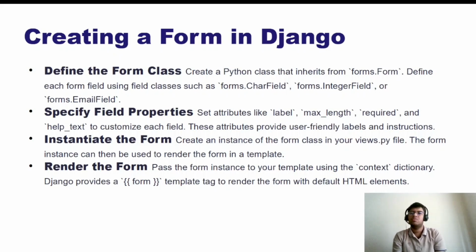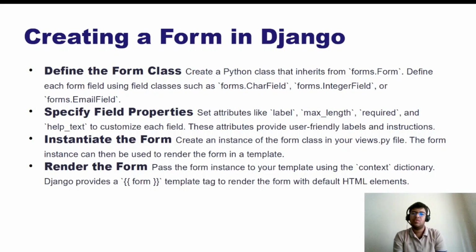Now if you want to specify field properties, there are many attributes such as your labels, your max length, and required, like if you want to fill your email ID somewhere, it will say it's required, and you'll get a warning message over there. There are many other user-friendly labels and instructions in the field properties of Django.